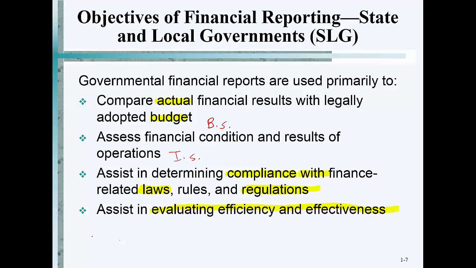So that's going to be something that is fairly unique for you for this class, because what state and local governments do for their budgetary accounting is special to state and local governments, and it is standardized as to what all state and local governments have to do with their budget.